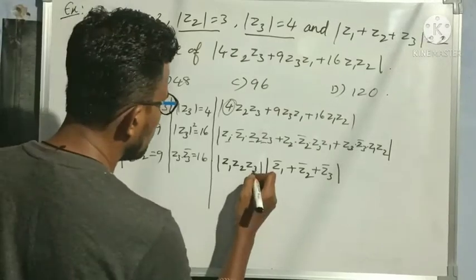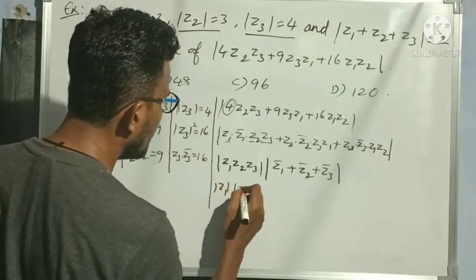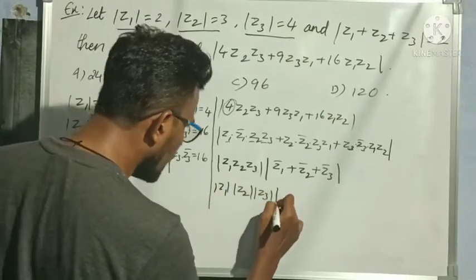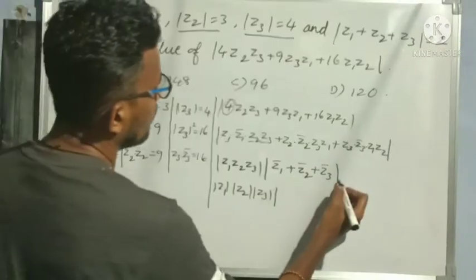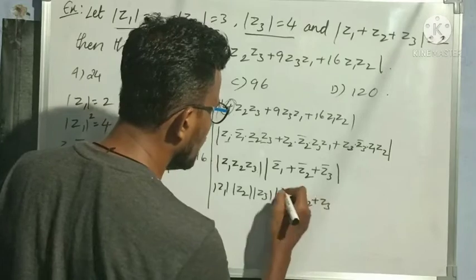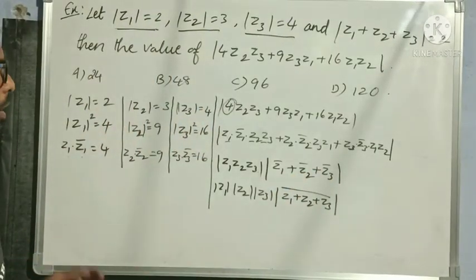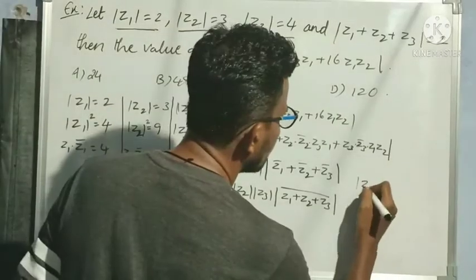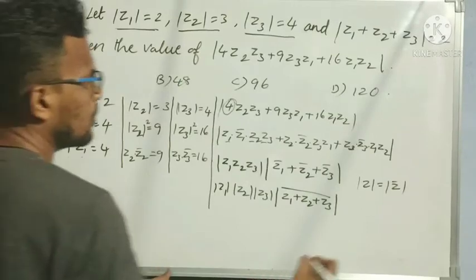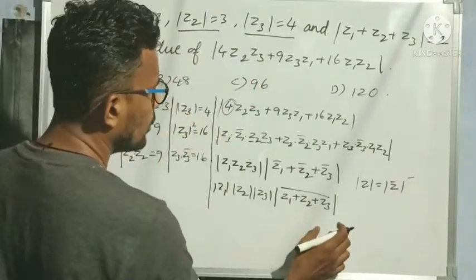So I can split this, right? Modulus of z1 z2 z3 I can split as modulus of z1 into modulus of z2 into modulus of z3, into, again, I can write this bar completely: modulus of z1 plus z2 plus z3 whole bar. In our second or third property we have seen that modulus of z is equal to modulus of z bar. So in the place of this I can write modulus of z1 plus z2 plus z3.